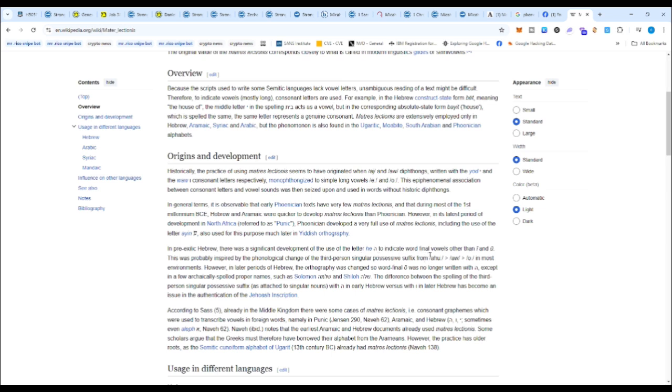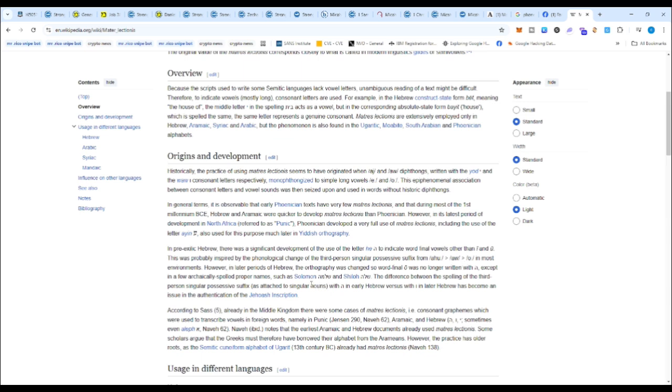In pre-exilic Hebrew, there was significant development of the use of the letter hey to indicate word final vowels other than I and U. This was probably inspired by the phonological change of the third person singular possessive suffix au and a to o in most environments.